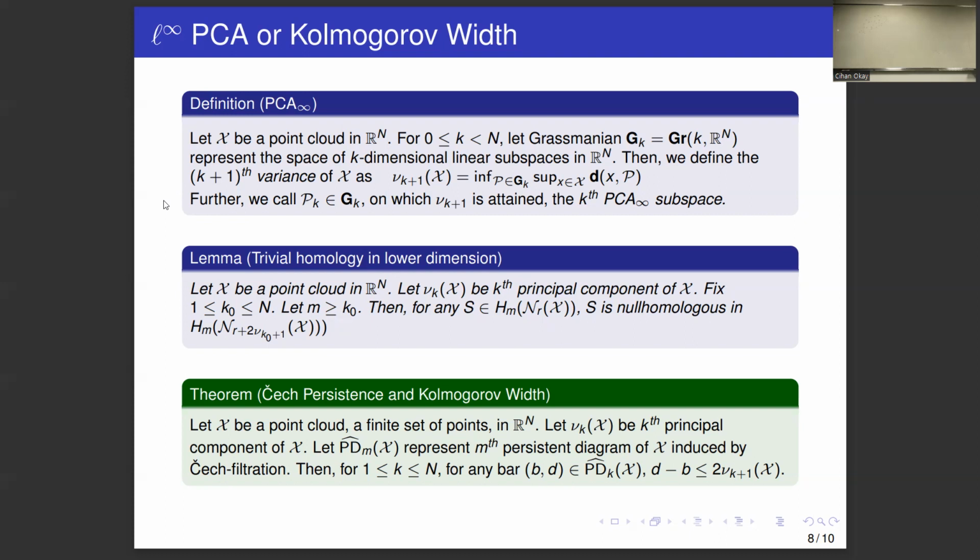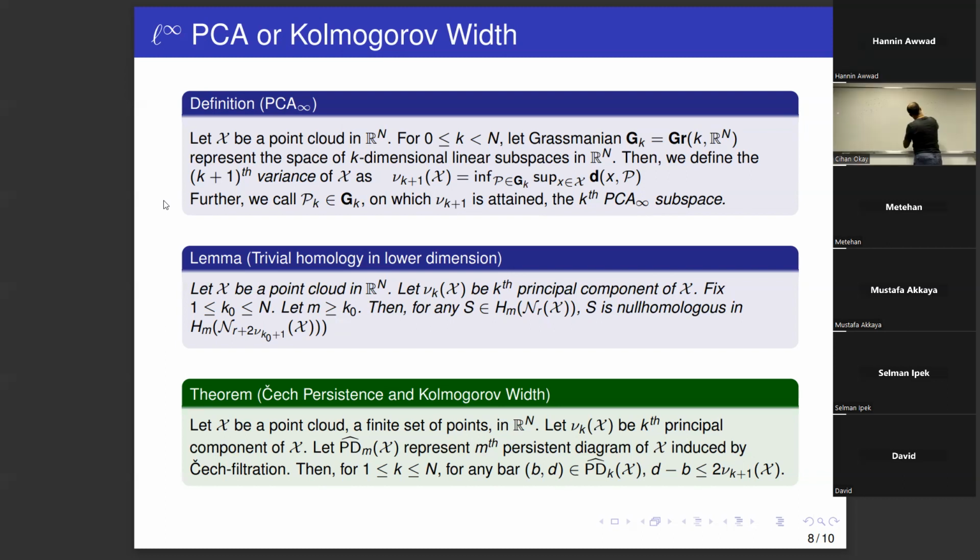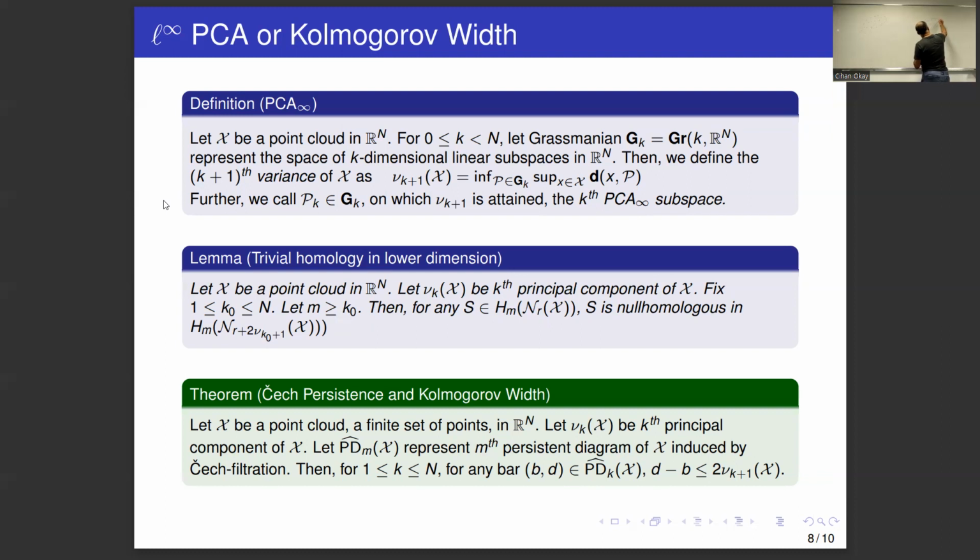Okay, the main idea here is, imagine you have a point cloud, and this is your smallest ellipsoid. You have two axes here.